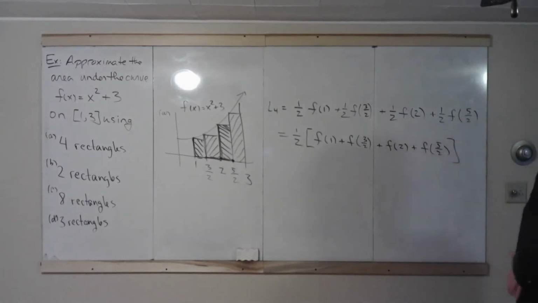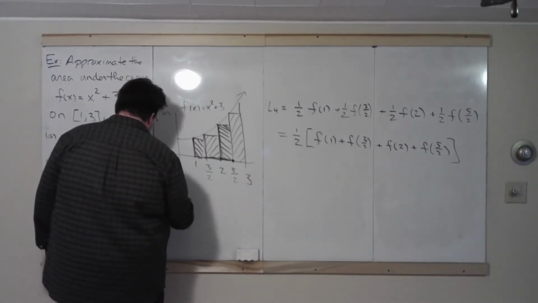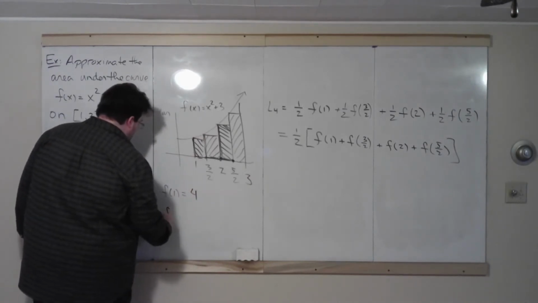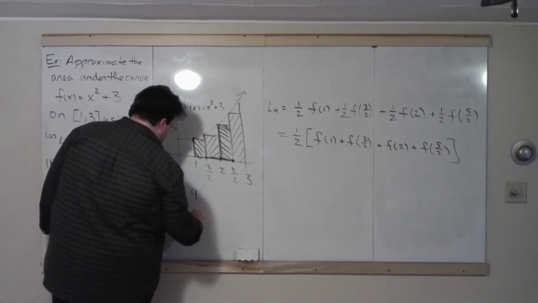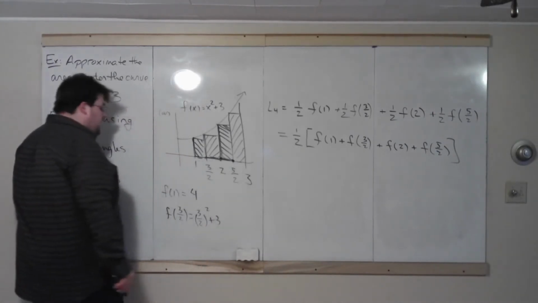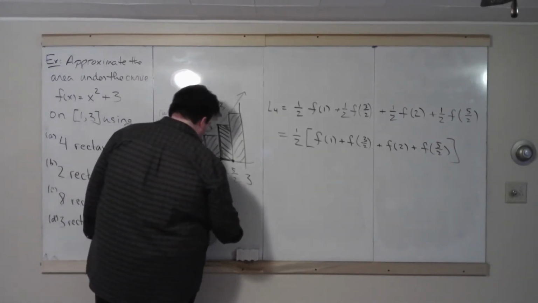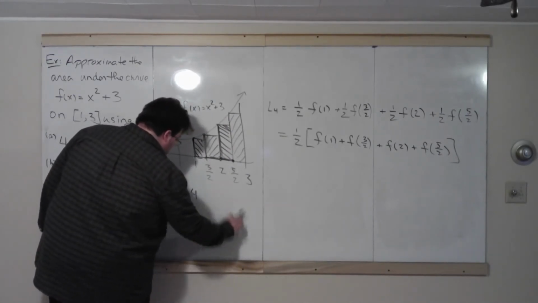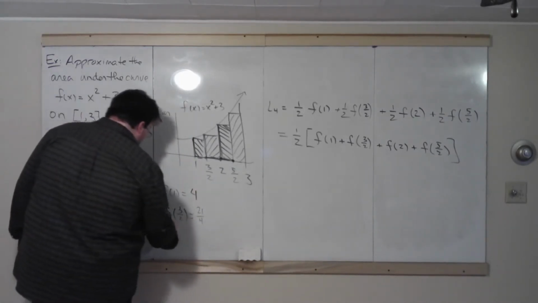So we need now f at 1. I'm going to write these down here since I'm going to need them. F at 1, 1 squared plus 3 is 4. F at 3/2 is the next one we need. 3/2 squared plus 3. What's 3/2 squared? It's 9/4. 9/4 plus 12/4, 21/4. Next we need f at 2.